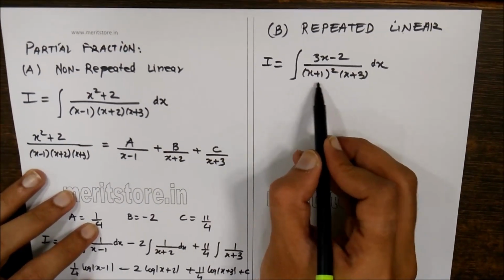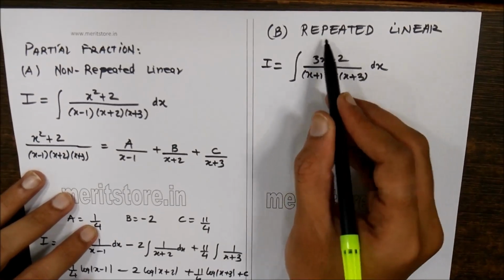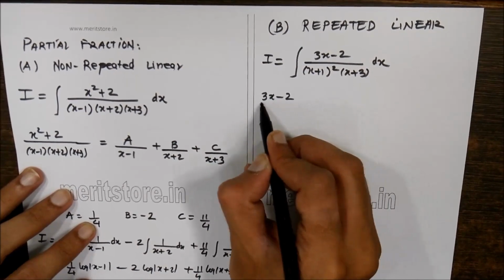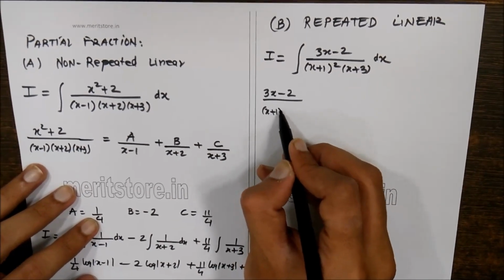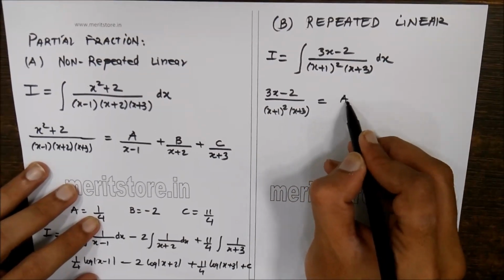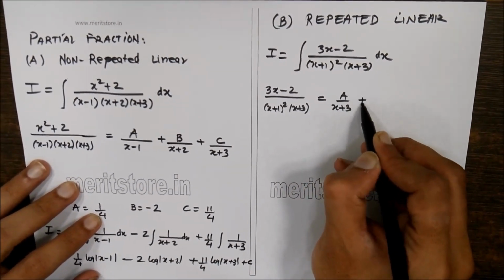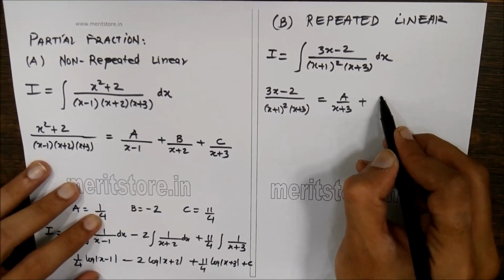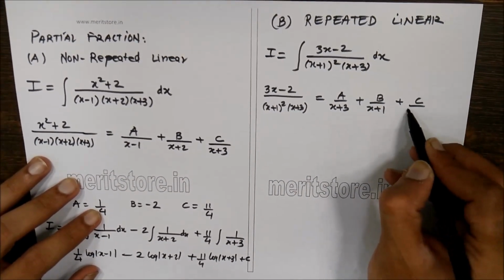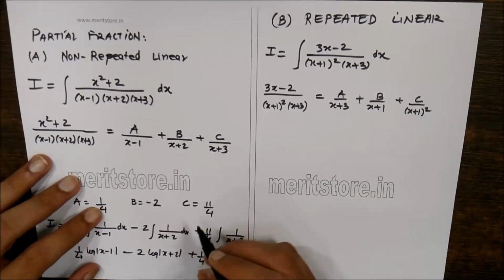Please note, it is because of this term of power 2 we are calling this as repeated linear. We'll represent this entire fraction as a upon x plus 3 plus b upon x plus 1 plus c upon x plus 1 the whole square.